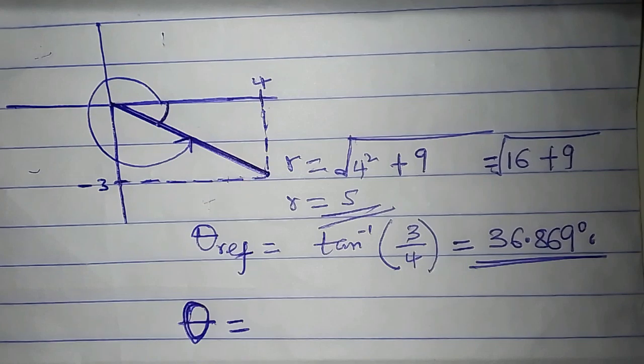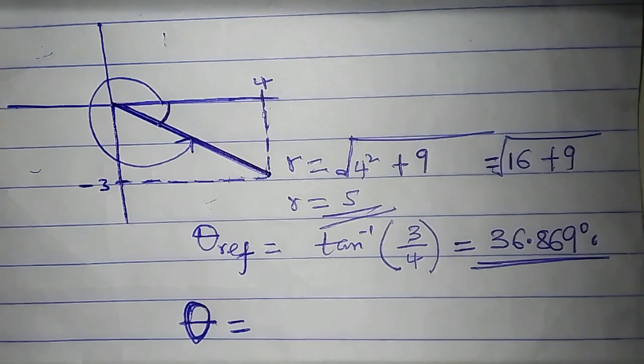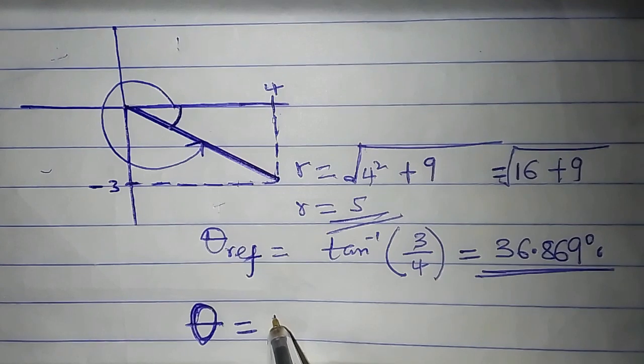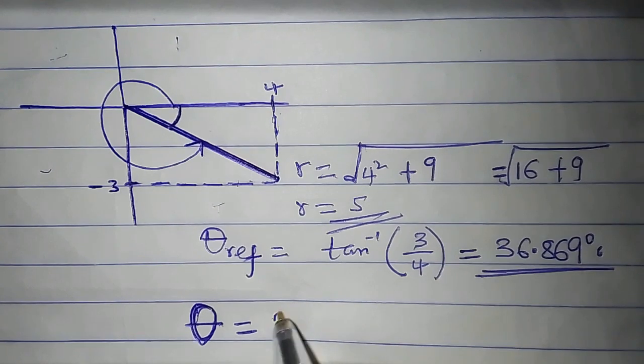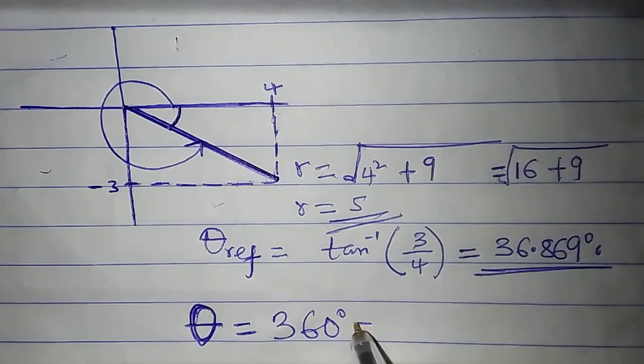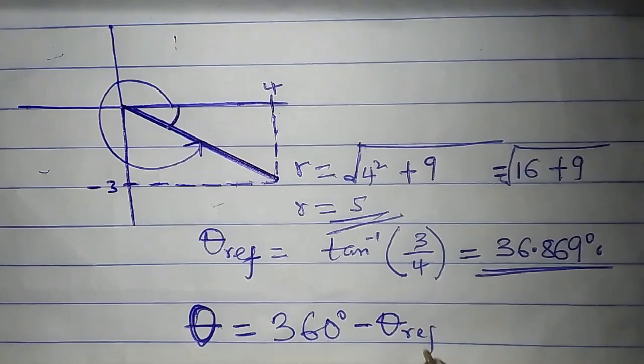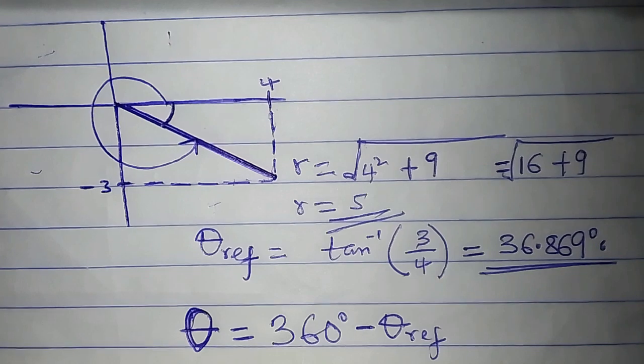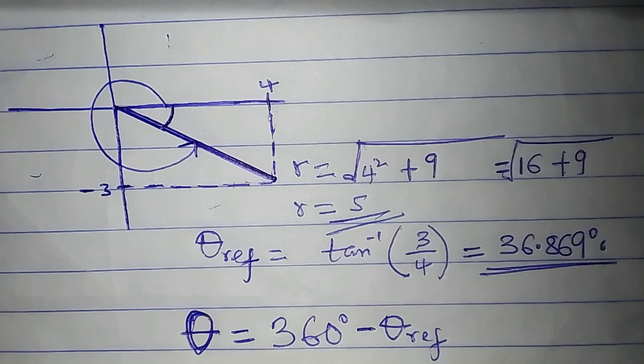So to get the amplitude or the argument, since the vector is in the fourth quadrant, we are going to subtract the reference angle from 360 degrees. Remember, in the first quadrant, the argument is the same as the reference angle. In the second quadrant, the argument is equal to 180 minus the reference angle.